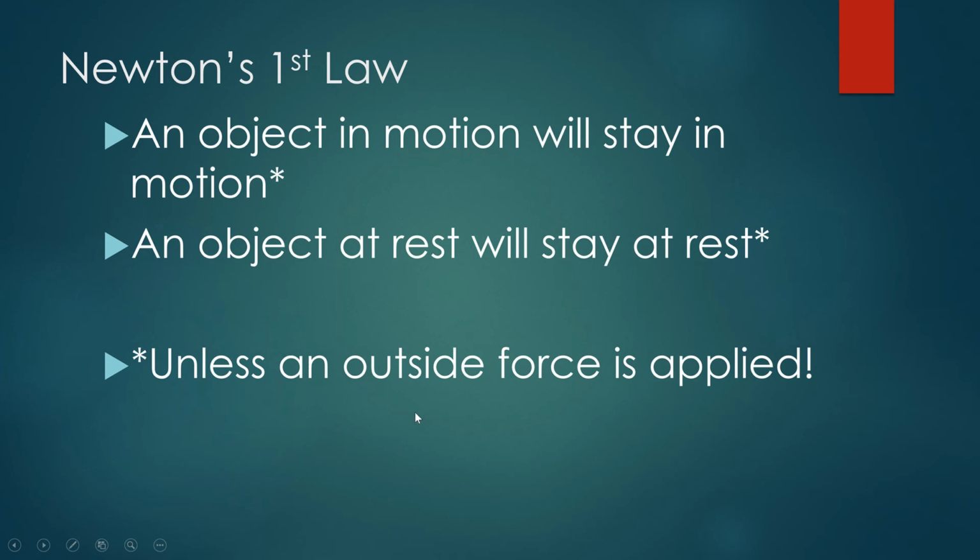And the exception is down here, and it says unless an outside force is applied. So an object in motion is going to stay in motion unless an outside force is applied to make that object stop. And same is for an object at rest. An object at rest is going to stay at rest unless an outside force is applied to it to make it move.